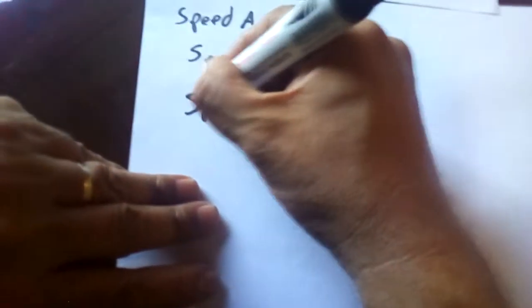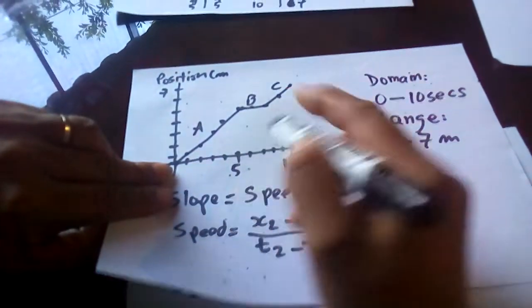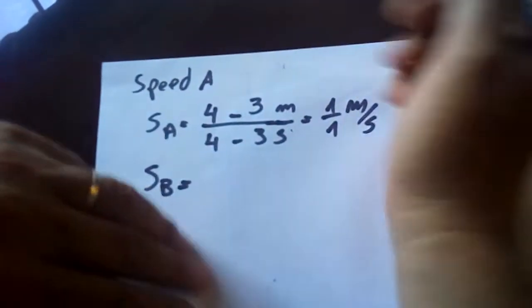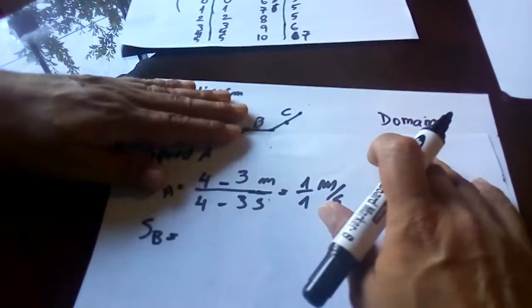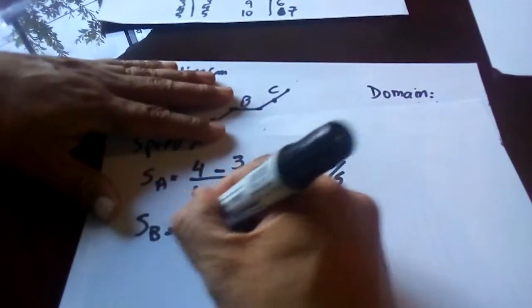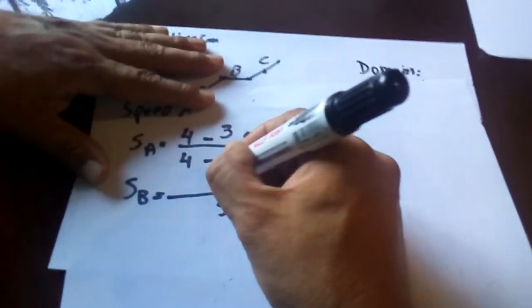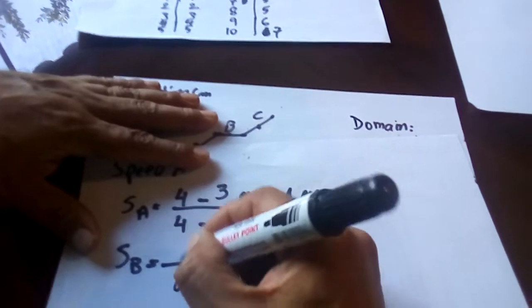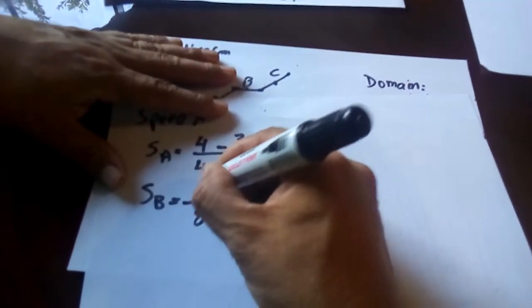What's my speed at B? I take any 2 points in the B segment, which should be from 5 to 8. So I take 5 and 8. So when my time was 5, my position was 5, and when my time was 8, my position was 5.